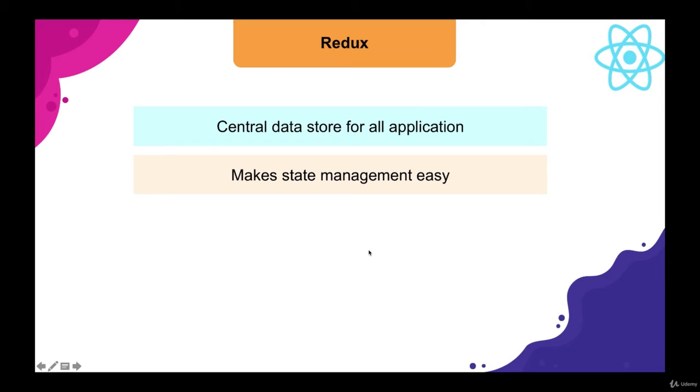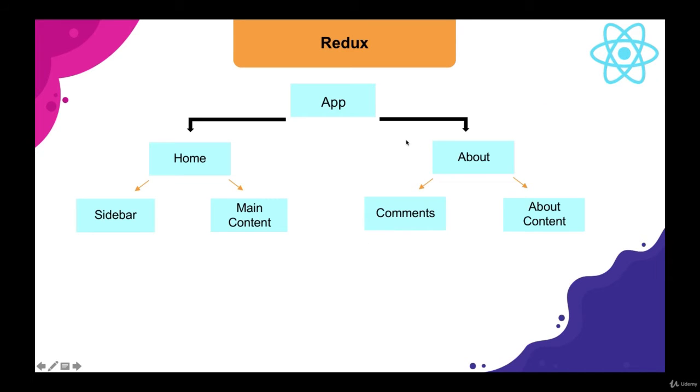Okay, so imagine that this is a component structure of an application, and it might look like a fairly complex structure, but this really is a simple application with just a few components here. So imagine that we have a main content component that wants to show some data that we get from an external source.